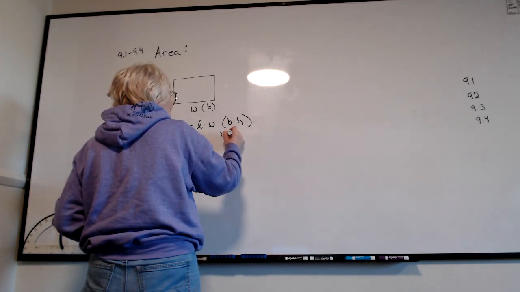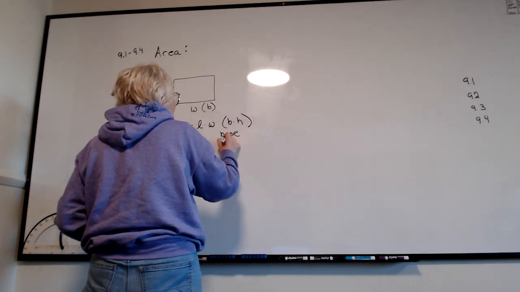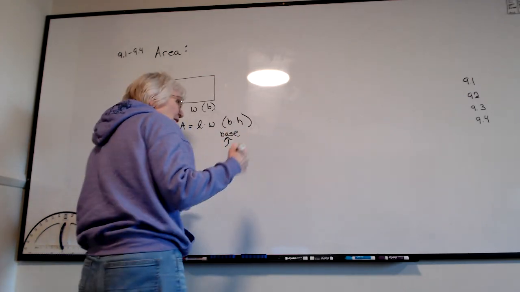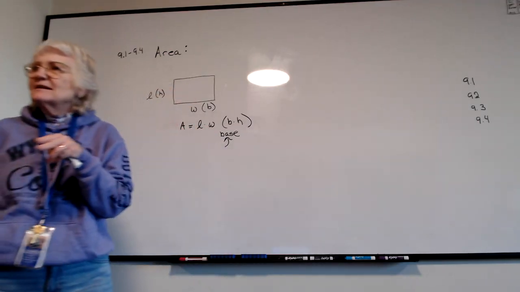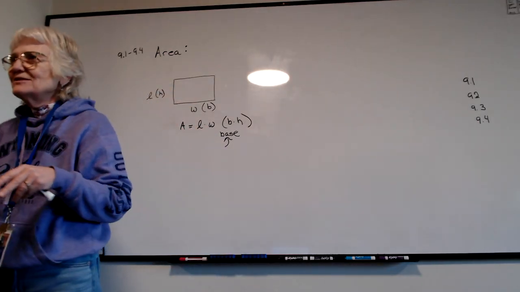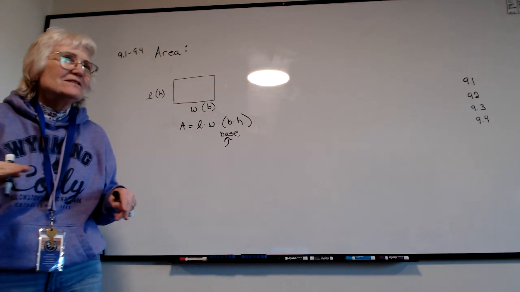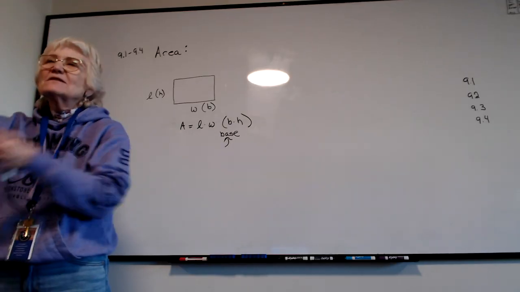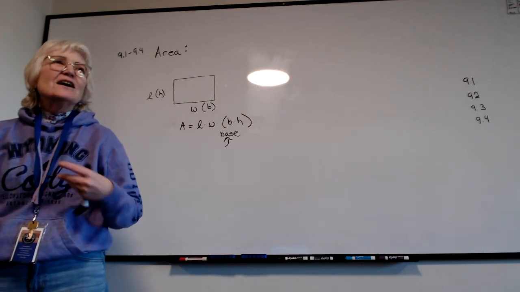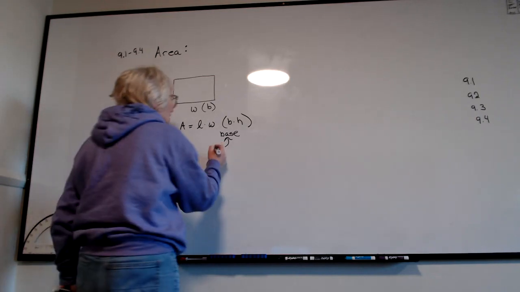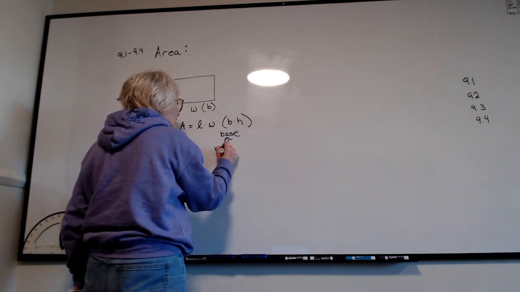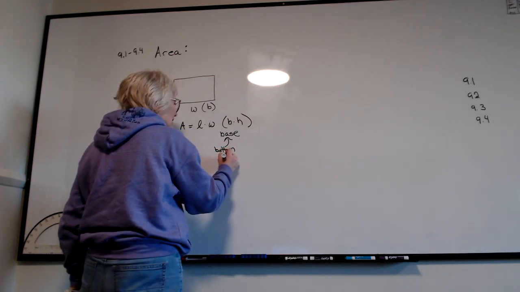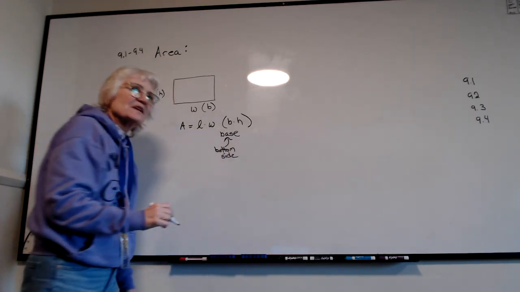This is the base, and how we define the base is what it's basically sitting on. Bases can change. It depends on how it's located or sitting. It's not a specific number, but it's the bottom side.